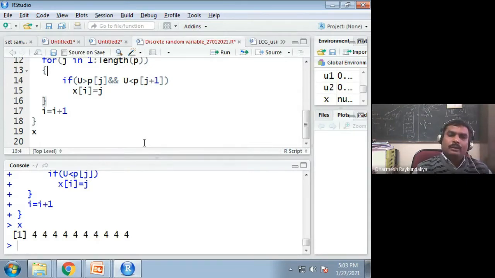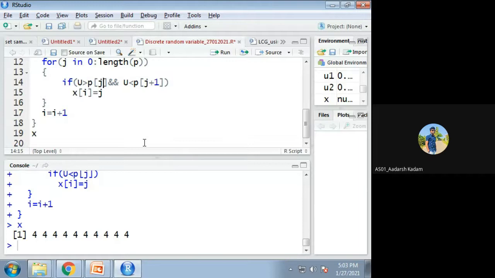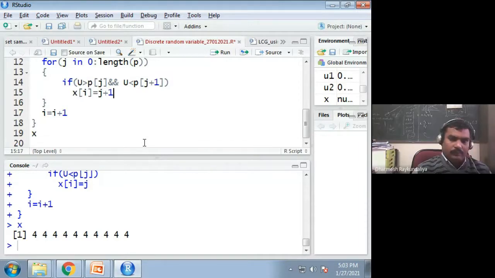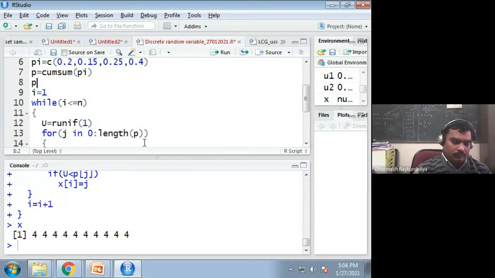So what do you have to do here? Start from 0. It should be 1. And here you can give that p of 1 is equal to p of 0 comma p.